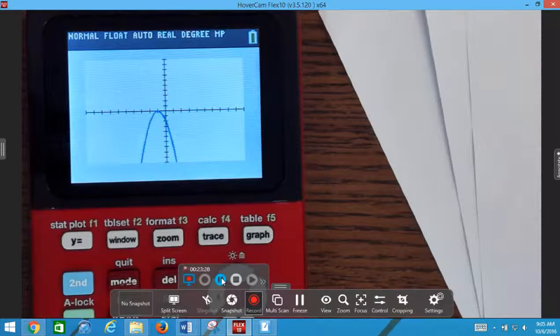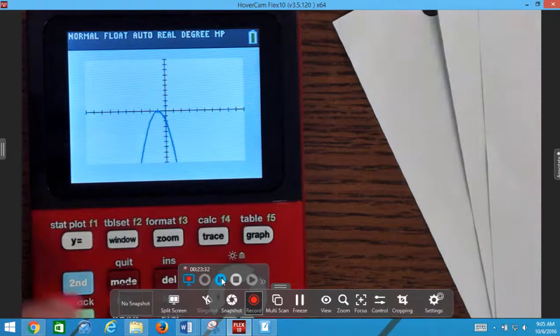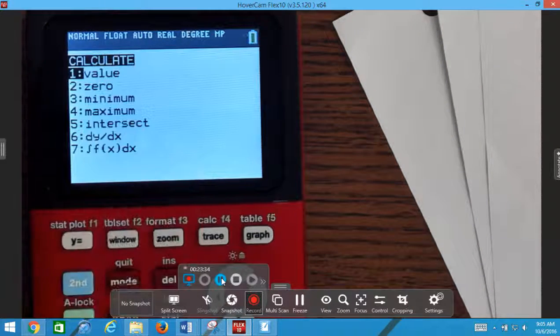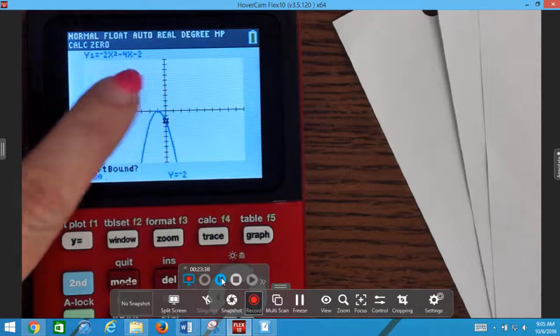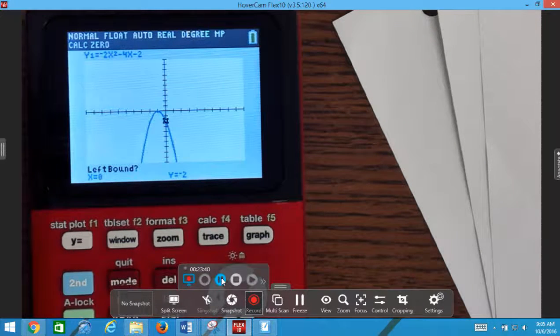So here's another thing that is kind of cool about your graphing calculator. When you go to do second trace and say we're going to do 0, we're going to do the x-intercept, and it says left bound, if I am feeling extra lazy and I do not want to arrow, arrow, arrow over, I can just look here and say, well, it's definitely not at like negative 3.